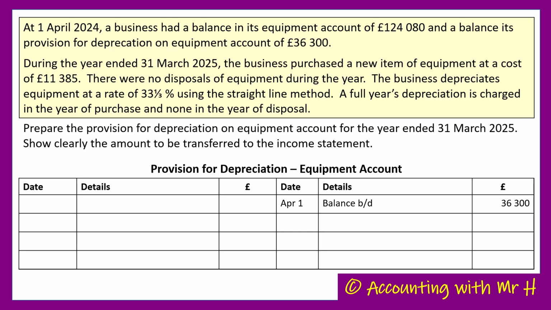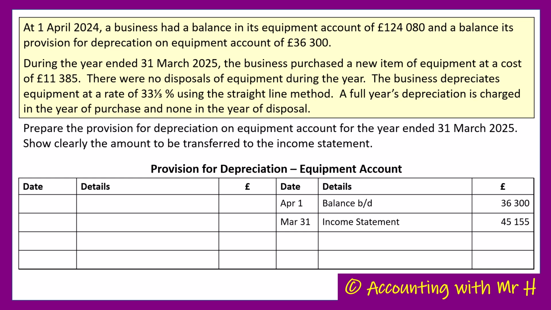So that gives us a total cost of £135,465. And they're depreciating at a rate of 33 and a third, which is basically a third. So a third of 135,465 is 45,155. And that is the depreciation for this year.